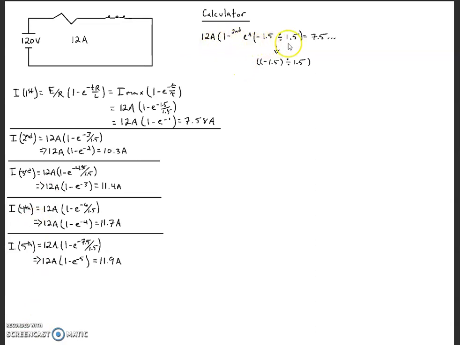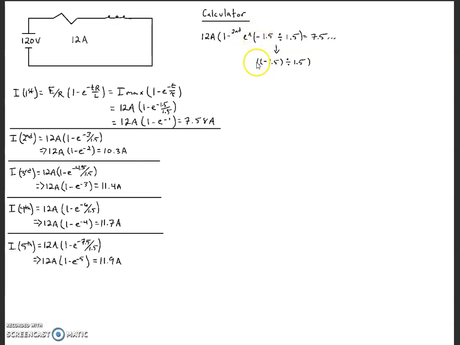If you punch it into your calculator exactly like this, 12 amps, well, 12, open bracket, 1 minus, second function e to get the e, to the power of, and you open the brackets again.